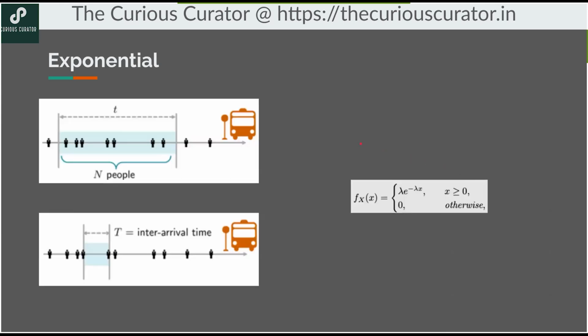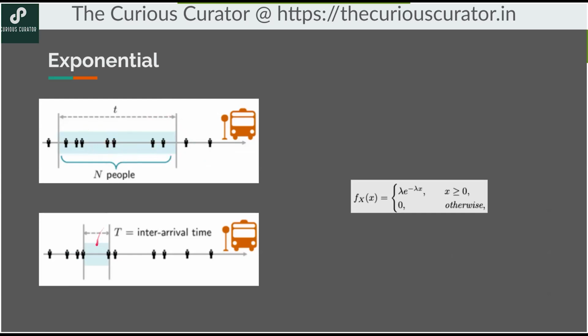Going back to our lectures, what was exponential and what was the relationship with Poisson? If you have some observation interval t and you're trying to count the arrival of things, then the count of things is distributed according to Poisson. That's the top diagram.